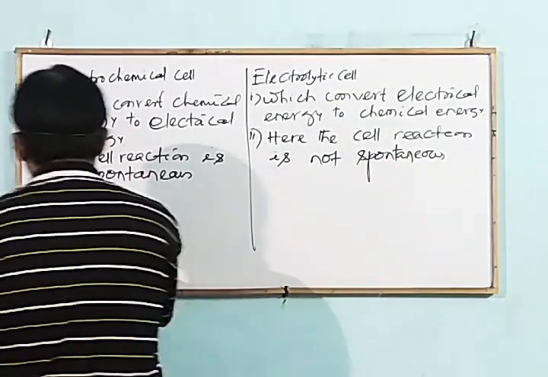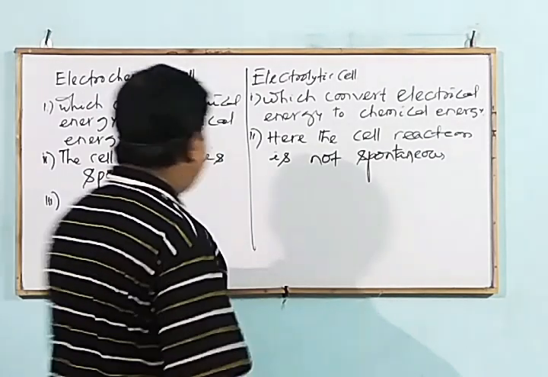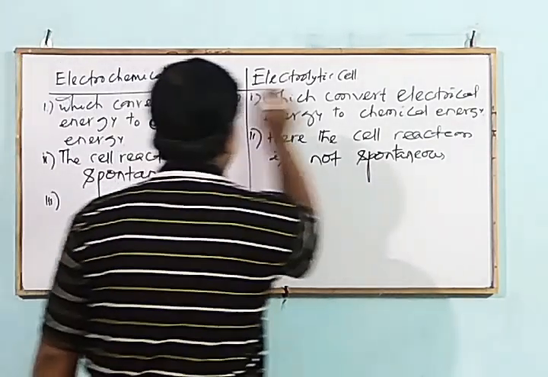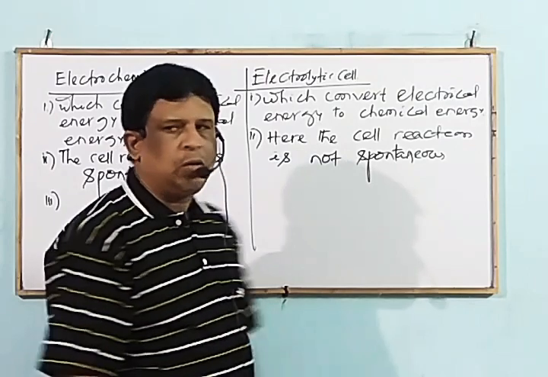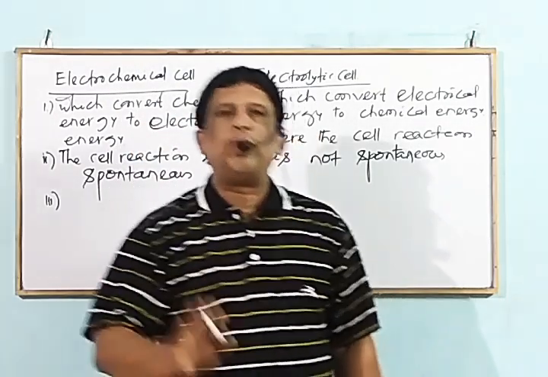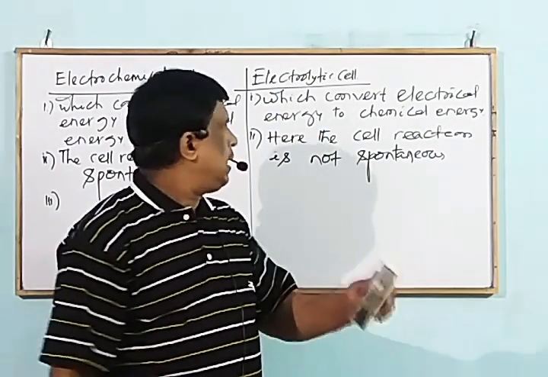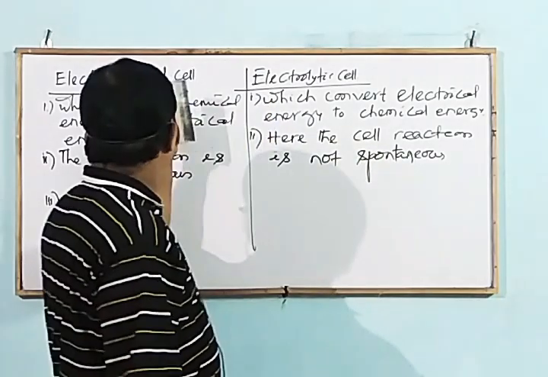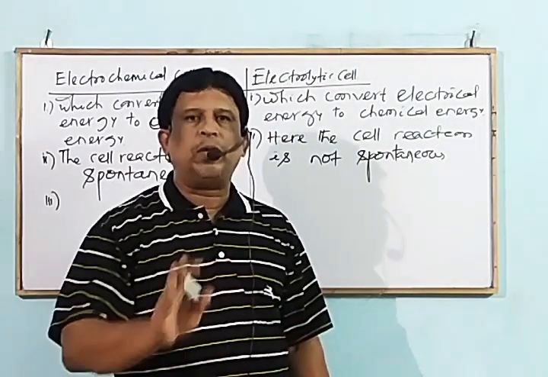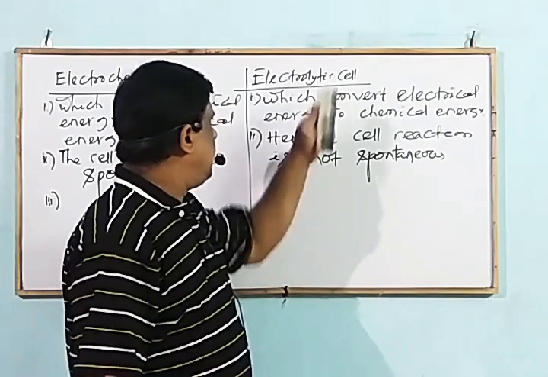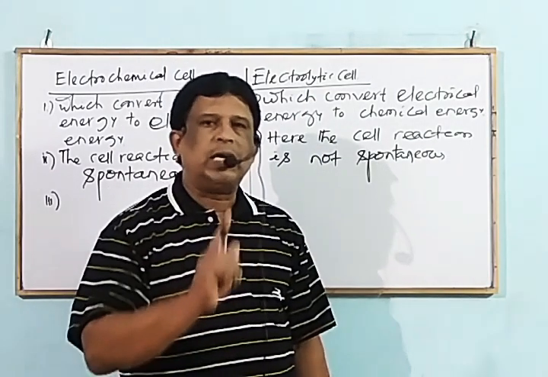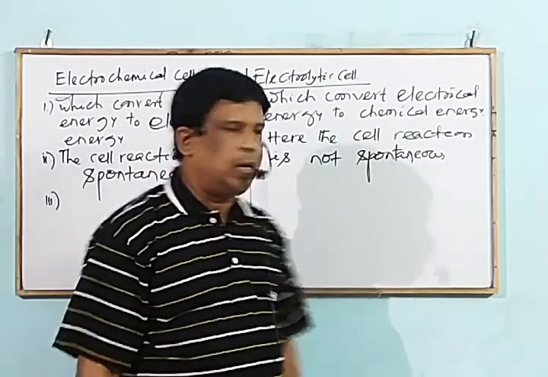Next point, point 3. In case of electrochemical cell, two types of electrolyte are taken. While in case of electrolytic cell, one type of electrolyte is taken. Mark that.